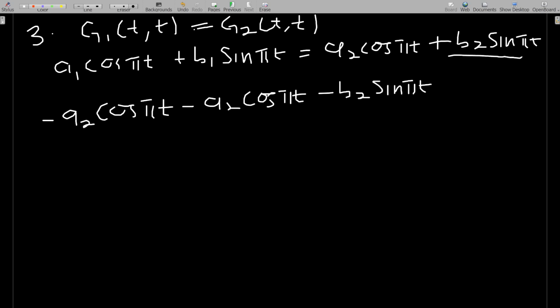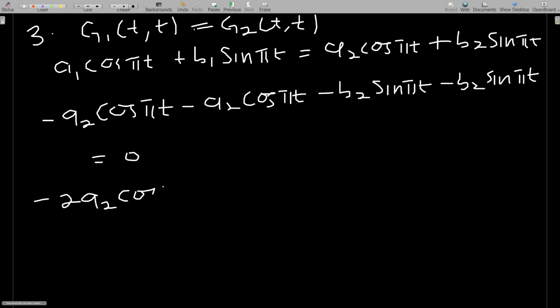Then I bring the whole of this to the other side as well, so minus b2 sine of pi t. The whole of this should be equal to 0 because I've brought all these ones to the left side, okay. So I have minus 2a2 cos pi t minus 2b2 sine pi t should be equal to 0.